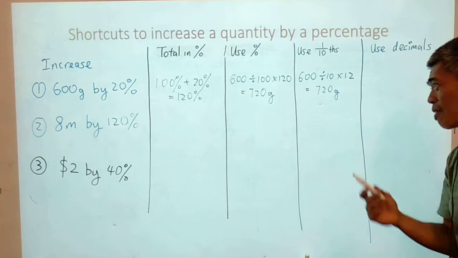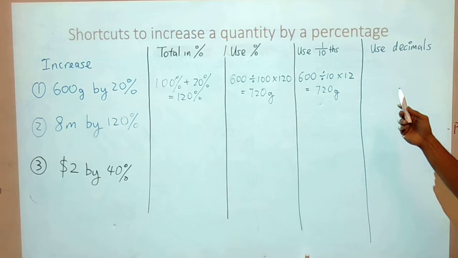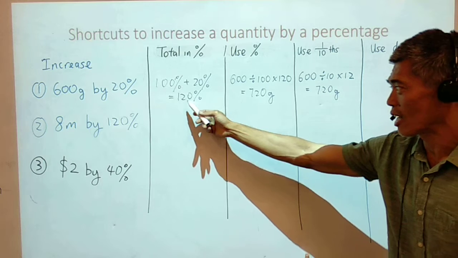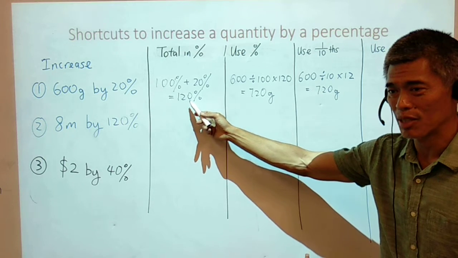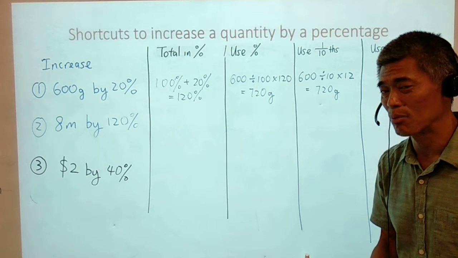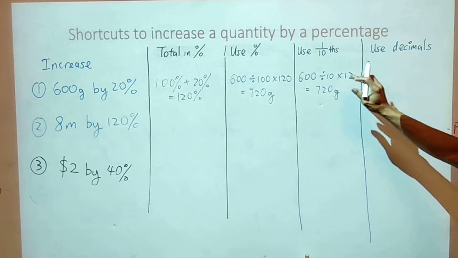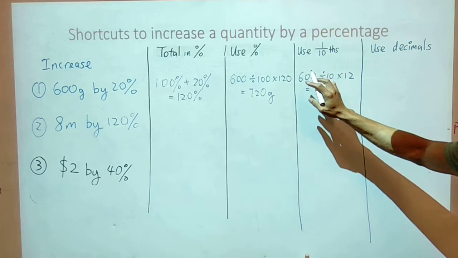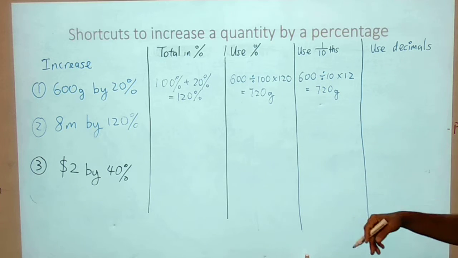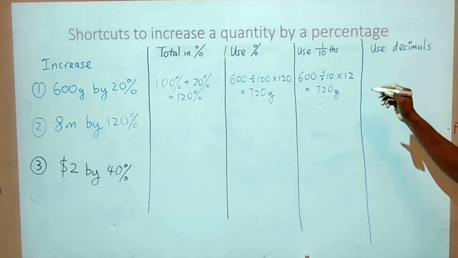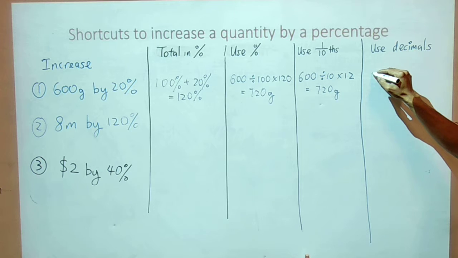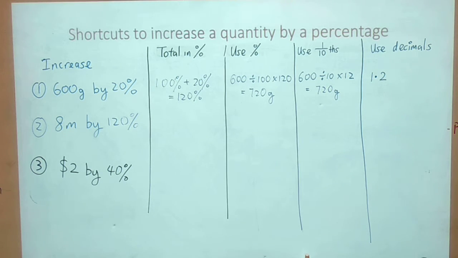Now, an even more dramatic method is to see that 120% is actually 1.2 as a decimal. So instead of dividing by 100 or dividing by 10, all you have to do is represent 120% as 1.2.